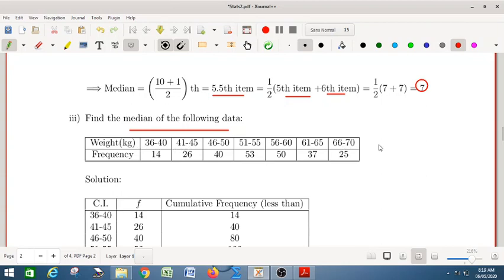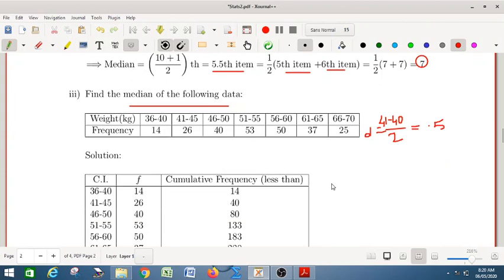Class boundaries are given by, suppose, (41 minus 40) by 2, so that will give you 0.5. This is your d. Now this d has to be subtracted from the lower limit and added to the upper limit. So 36 to 40 can be written as 35.5 to 40.5, because for discontinuous data, this d has to be subtracted from the lower limit and added to the upper limit.